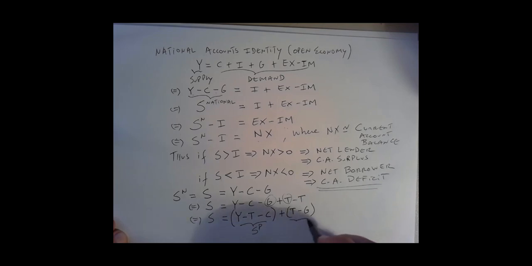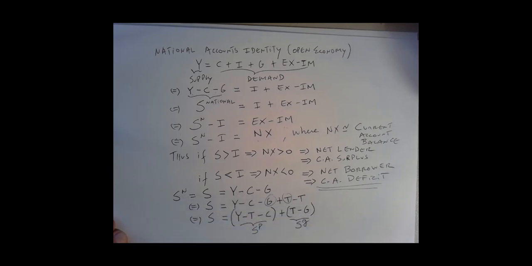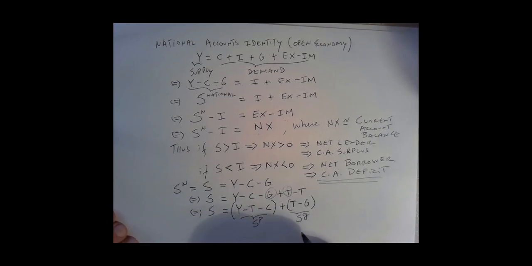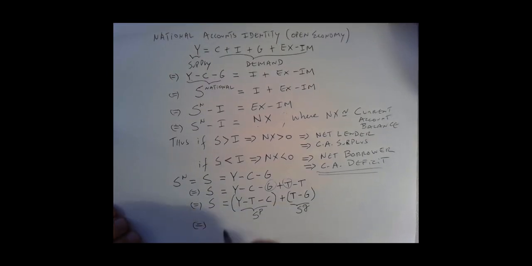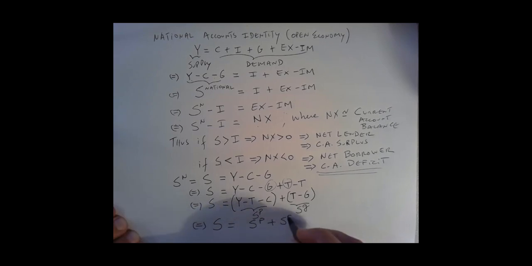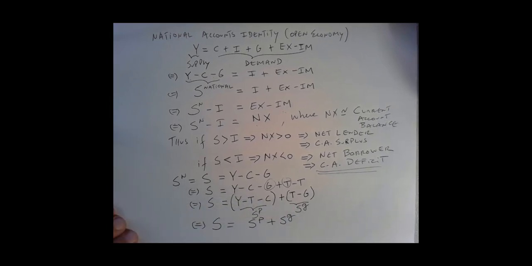So this difference is the governmental savings. Therefore, national savings can be broken down into private savings plus public savings, also known as governmental savings.